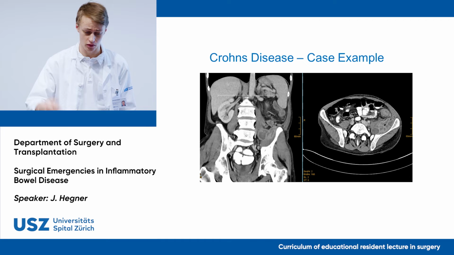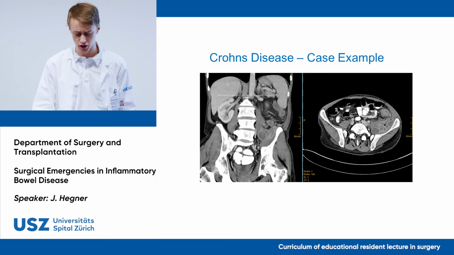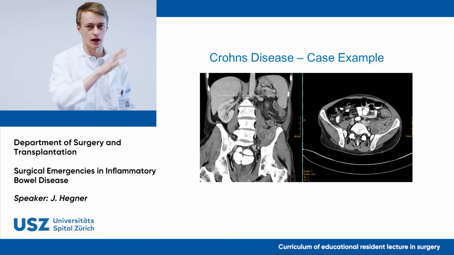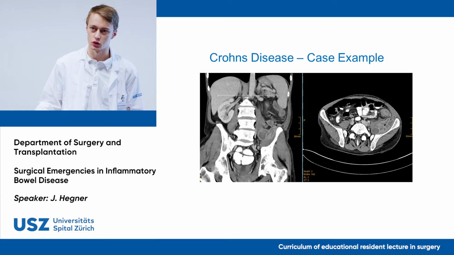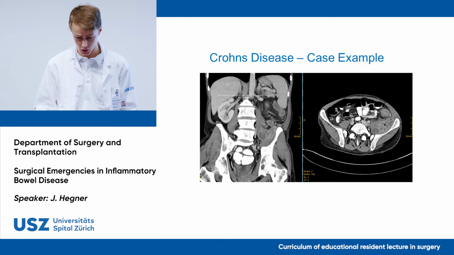Yes, exactly right. We did consult interventional radiology for drainage here, but because as you can see, this was a multiloculated complex abscess, this wasn't possible. So with a deteriorating patient and unresponsive to antibiotics, we took them to theater.